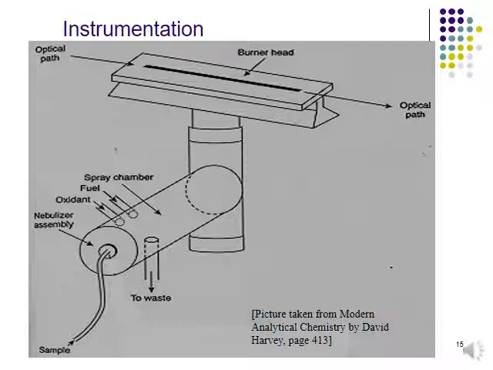If the spray is not good enough, it will go to waste. By the time the spray is good, these tiny particles of liquid sample will pass through the burner head. This is what we call the burner head, and this is the optical path.